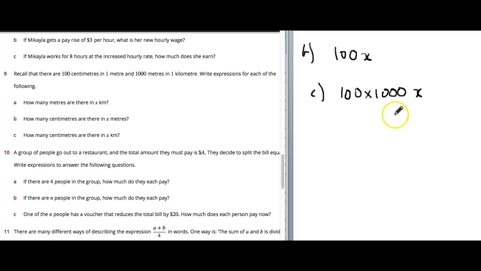So it's 100 times 1,000. So just count your zeros, 1, 2, 3, 4, 5. And just to make it easier to read, it's 100,000 x. Usually we wouldn't measure kilometres in centimetres or distances that far in centimetres.